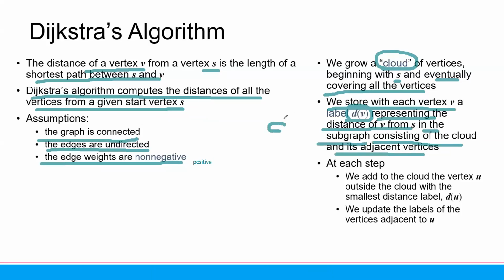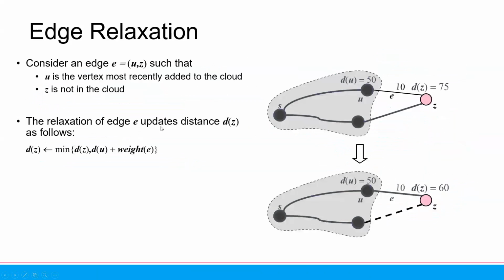Later you will see the dV. It is the distance of V from a particular node. Let's say if it is from S, then it is from S to V. For every step, we add to the cloud the vertex U outside the cloud with the smallest distance dU, and we update the labels of the vertices adjacent to U. Maybe we will see an example.